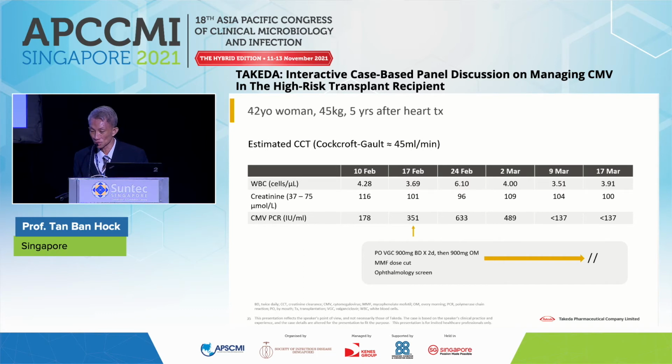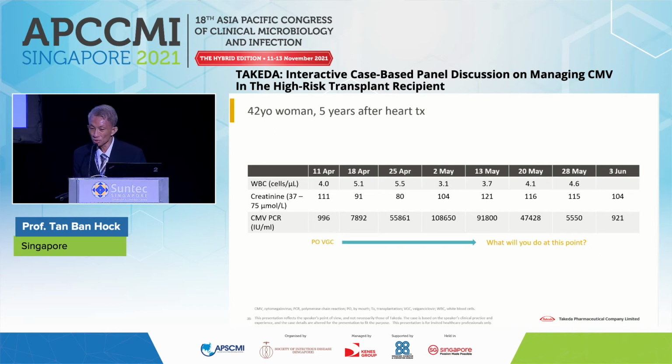It's 45 mils per minute, with a creatinine that's above 100 micromoles. So we did try to load her with some Valgan for a few days and then put her on the dose recommended by the Sanford guide. And over just under a month, the CMV reactivation does come under control.